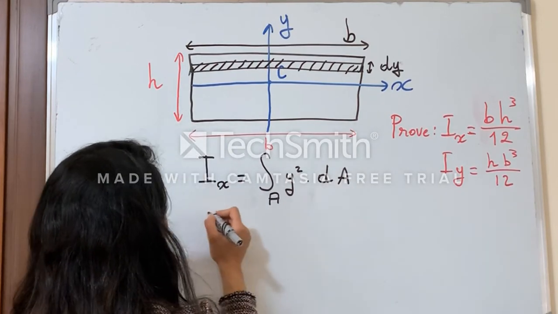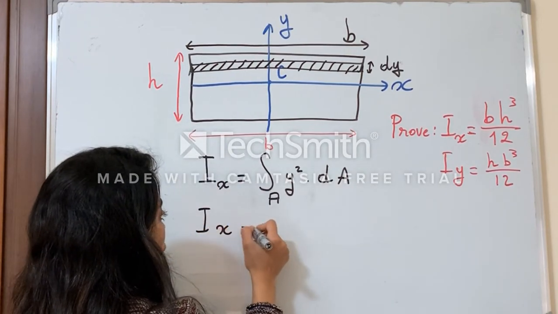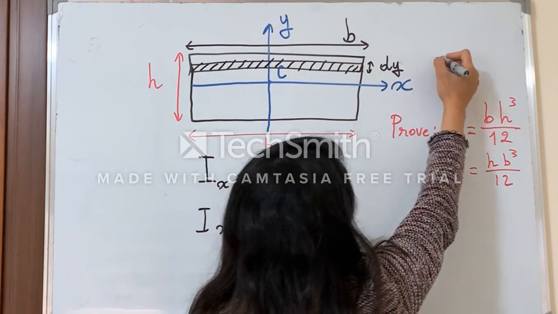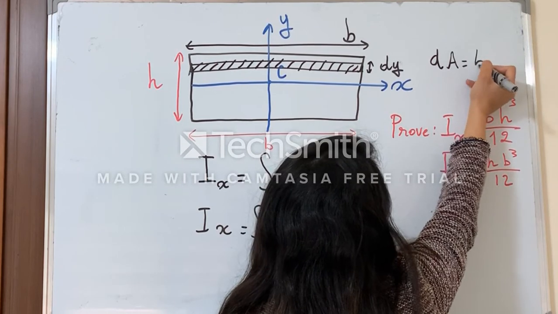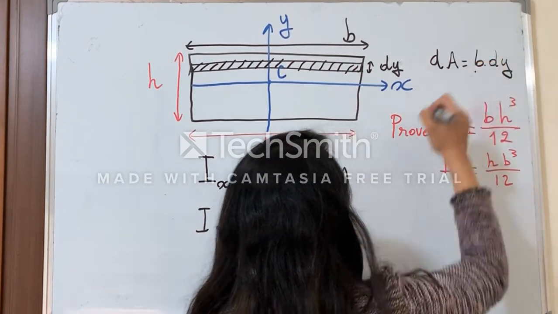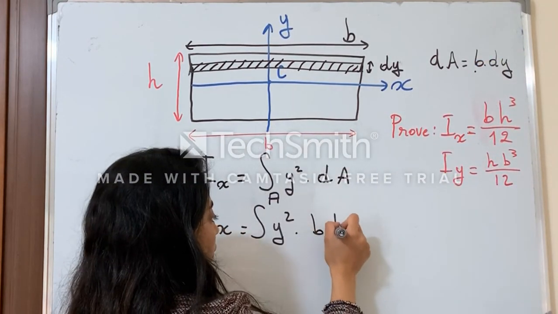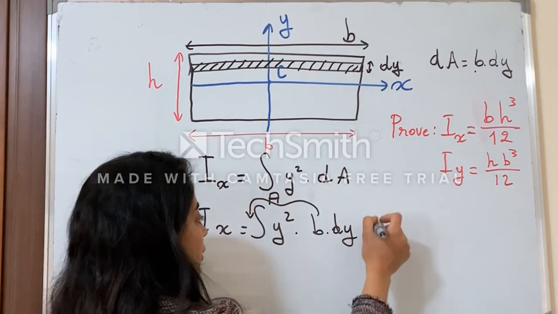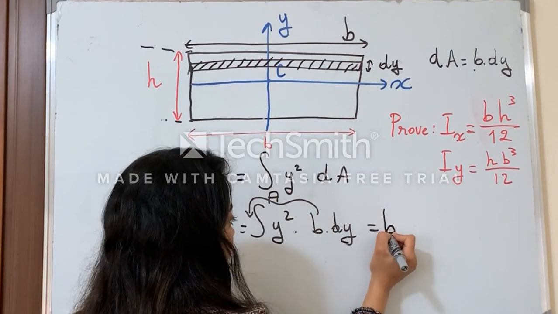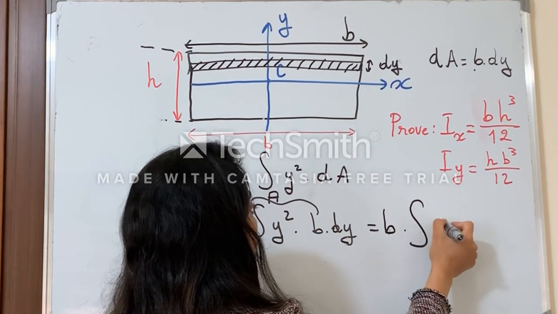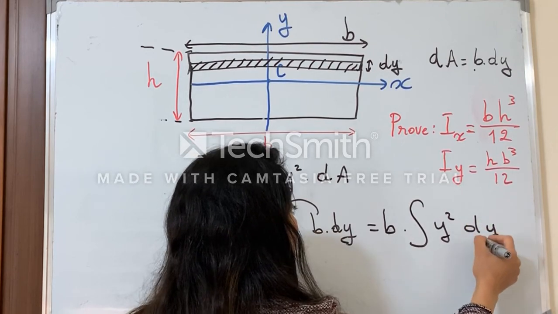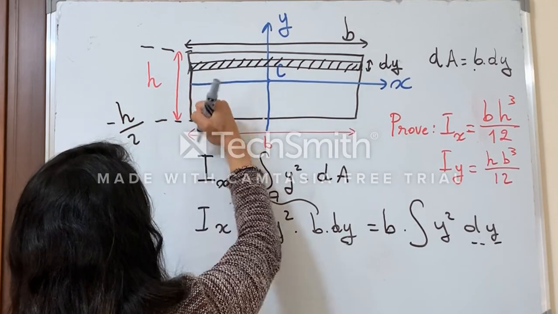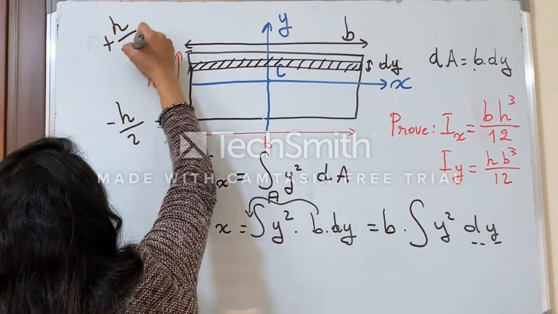Now, if I do the integration over this area and substitute dA by this value, dA here is equal to b dy, and b is constant, so I can remove b from the integration. It is equal to b times the integration of y squared dy, where y goes from minus h over 2 to plus h over 2.